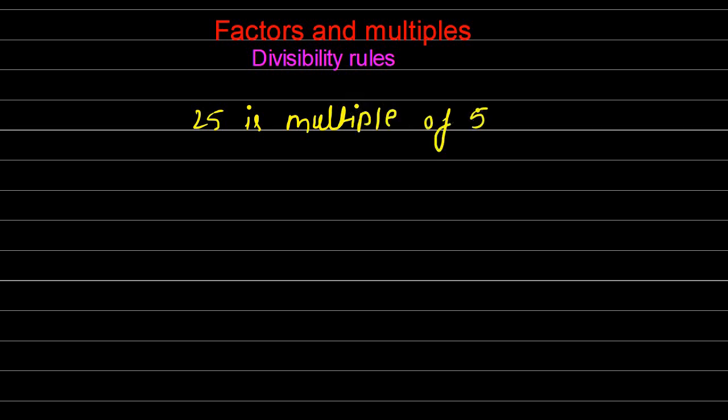You can get 125 too, to find out if 125 is a multiple of 5 or not. So basically, looking at the numbers themselves, these rules help us find out whether a number can divide another number completely or not. So let's see which are the divisibility rules.